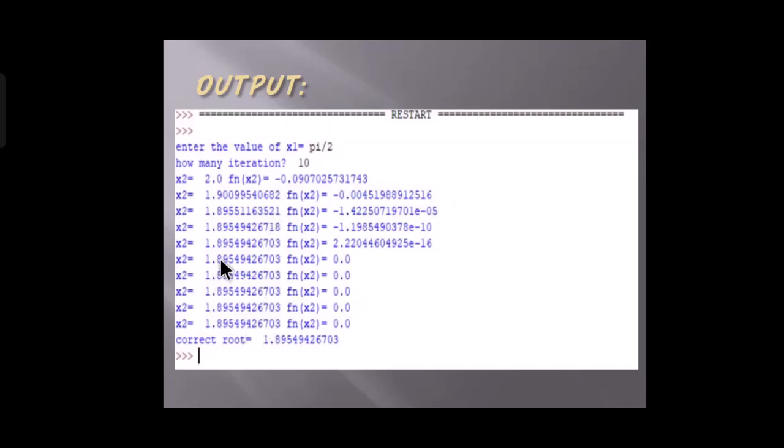After the for loop is executed, it comes out of the loop and prints the value of x2, which is 1.895494, the correct root of the given data. So that is all about the program.